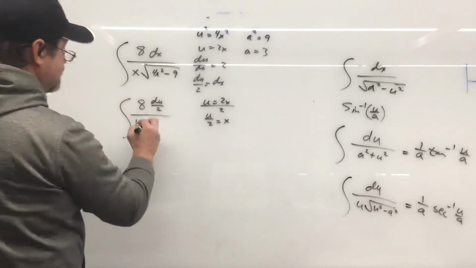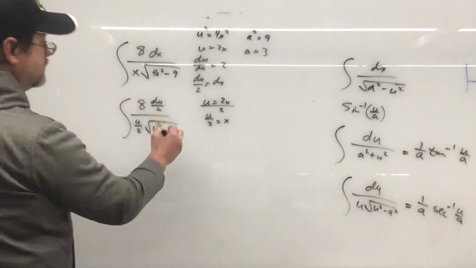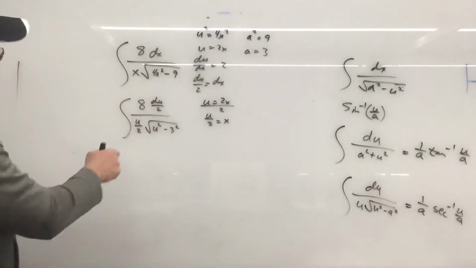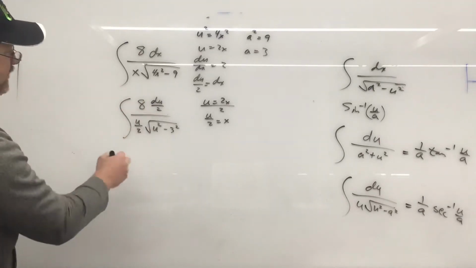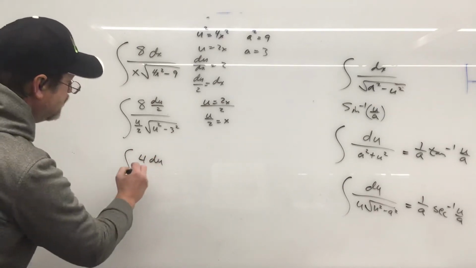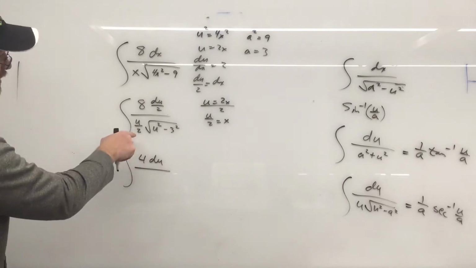But this is now of that form u squared minus a squared. And again, I got some work to do here as far as the constants. This is 8 over 2, so that's 4. So I've got 4 du on the top. On the bottom, I want just a u there, so I really have a 1/2 there that I don't want. But think about this.